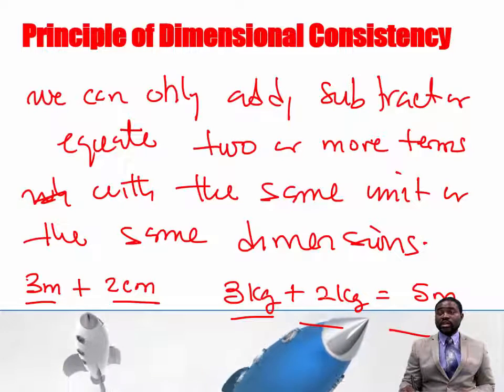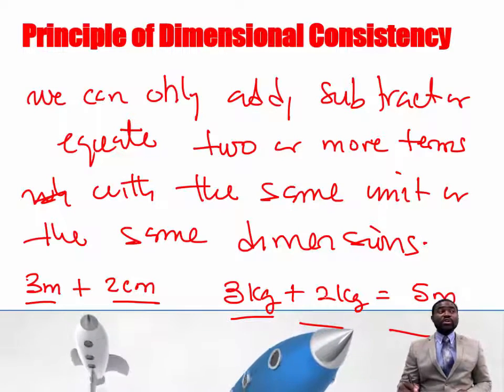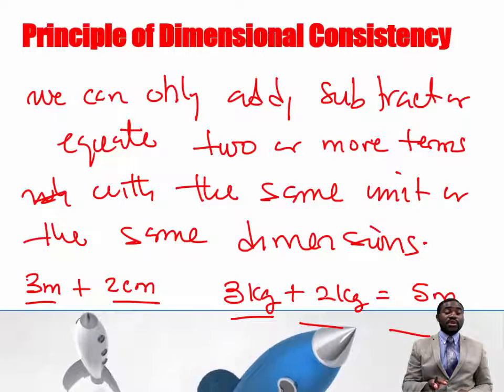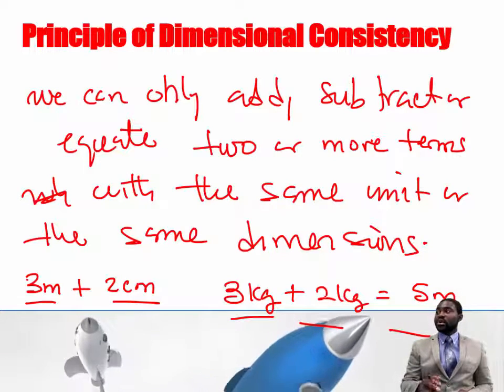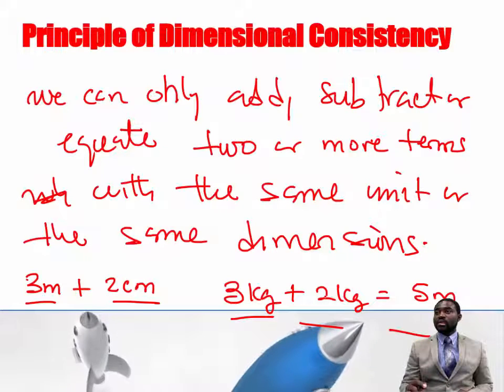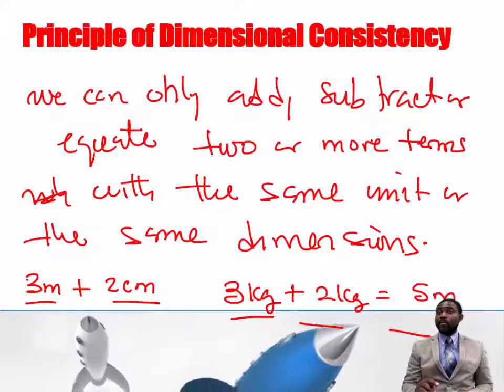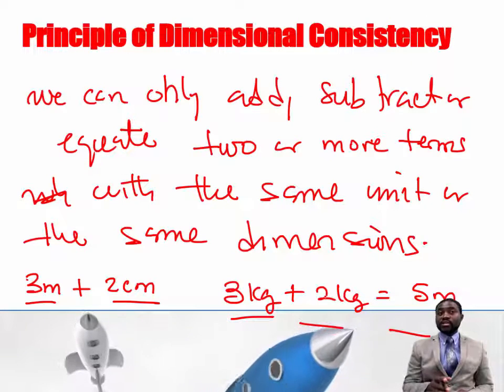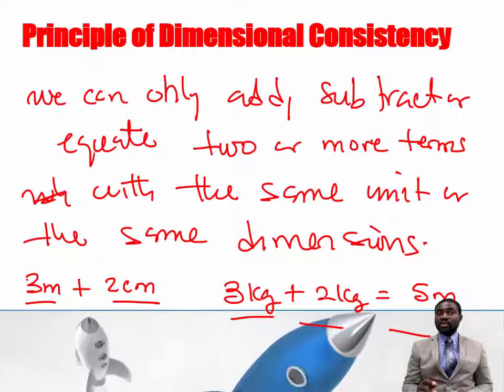The units are different. So you can only add, subtract, or equate two or more terms with the same units or with the same what? Dimensions. It's possible for two or more terms to have the same units and dimensions, but not always.